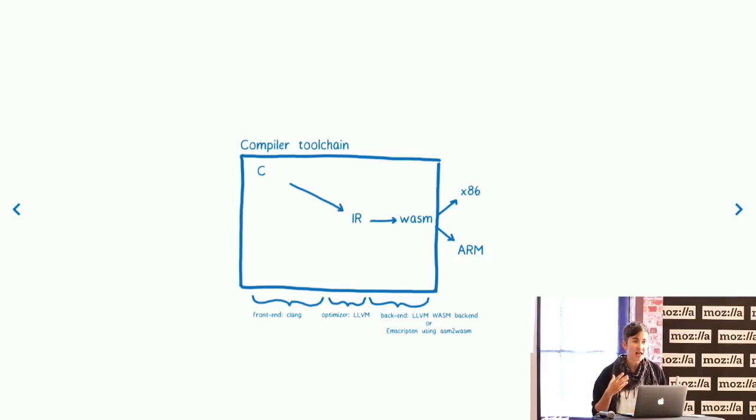And even after the LLVM backend is done, you may still want to use Emscripten because it can pack in some helpful libraries, things like a file system that works on top of IndexedDB. But regardless of whether you're using the LLVM backend to get there or you're using Emscripten to get there, the end result is a file that ends in .wasm for WebAssembly.